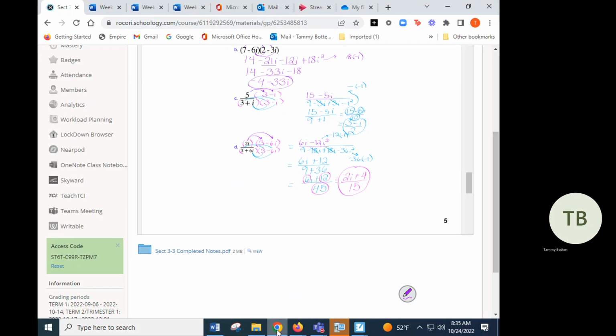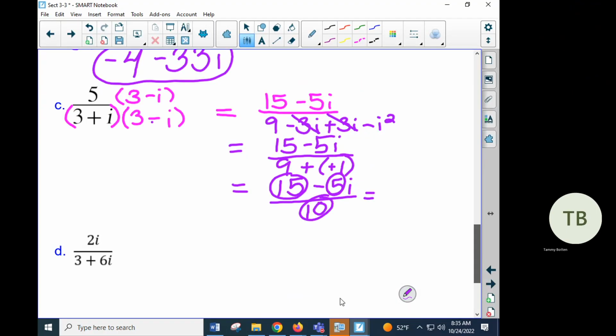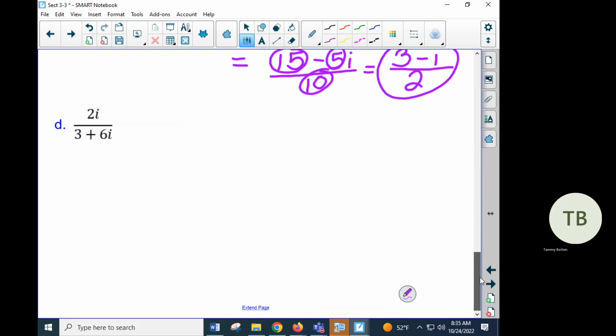Like I said, if you left it at this, I probably would not do anything, but 5 goes into all of these. So you can divide each term by 5. 15 divided by 5 is 3. 5i divided by 5 is i. 10 divided by 5 is 2. Okay, but that's a very small part of that problem.